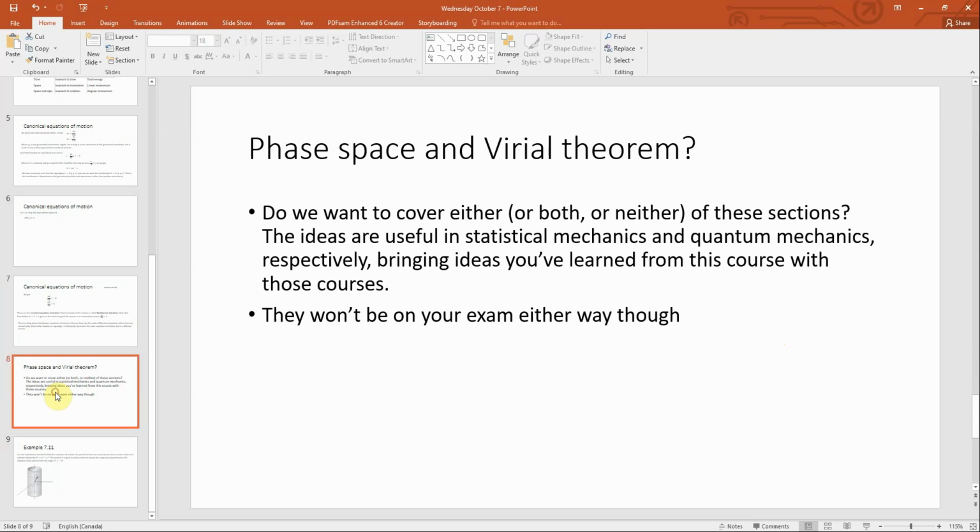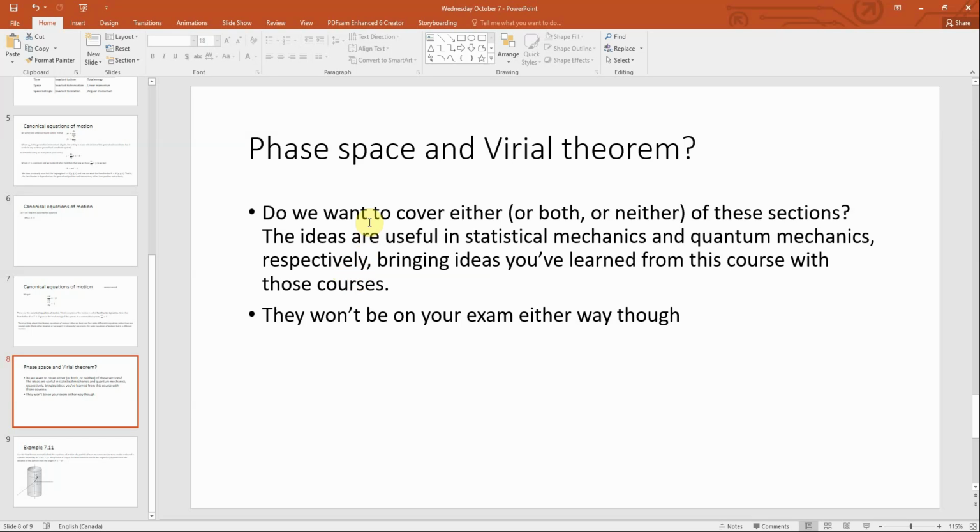So a question for you is, do we want to cover phase space and virial theorem? We won't do that in this lecture, but I want you to think about it. There's 2 optional sections from the textbook. Phase space ends up being fairly important in statistical mechanics, and virial theorem ends up being fairly important to quantum mechanics.